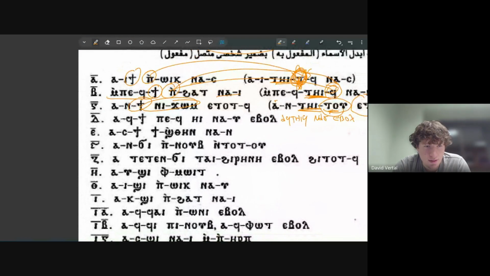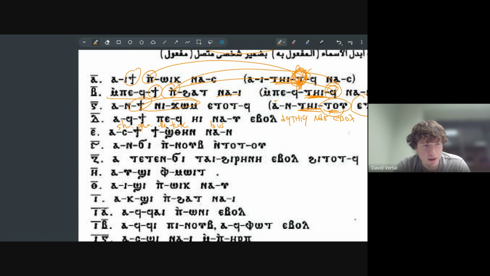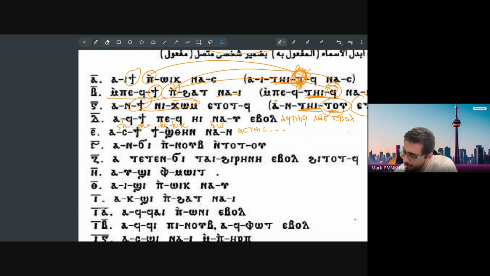Okay, next one. As T Stein nan. She gave the Stein. I forget what Stein is. Garment or tunic. She gave the garment to us, the tunic to us. And then it would become Tates nan. Okay, one more.